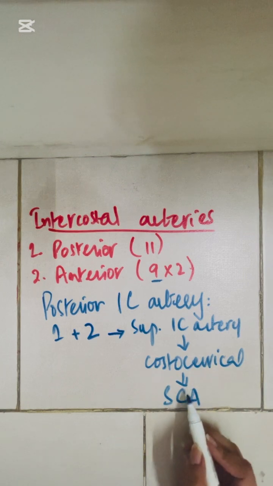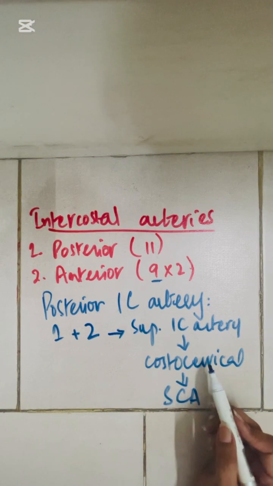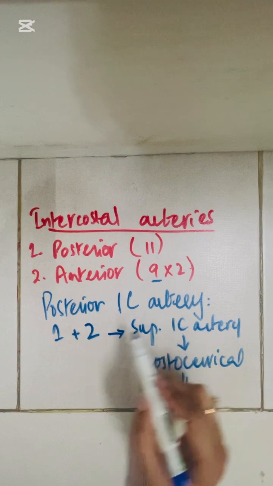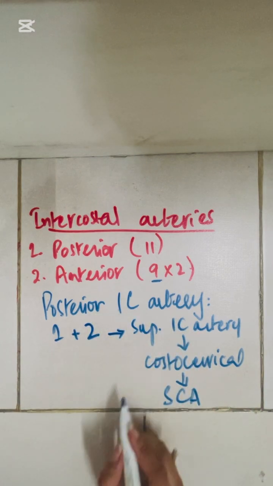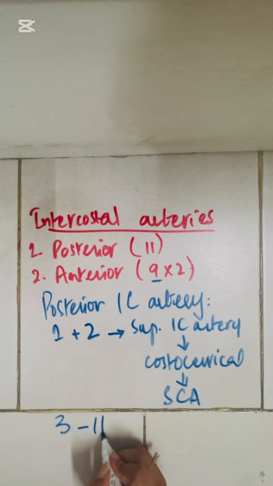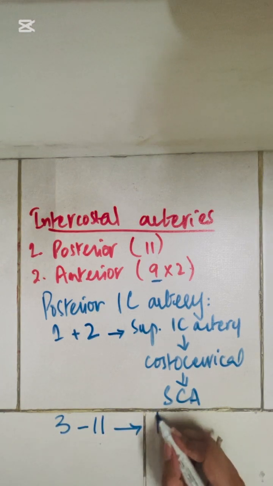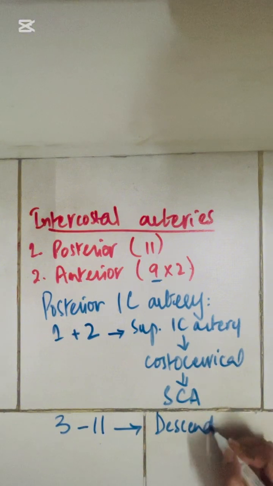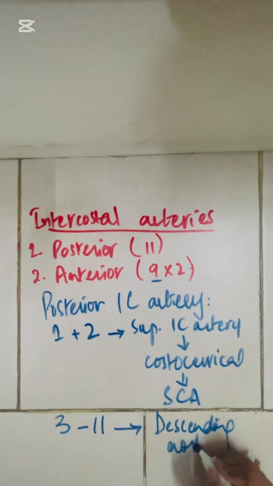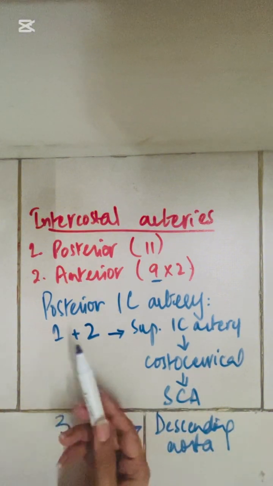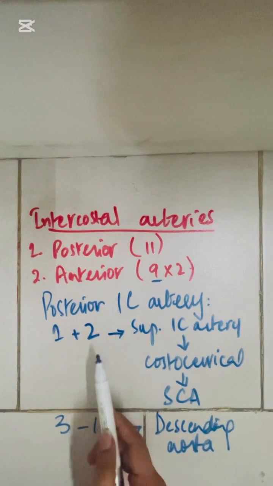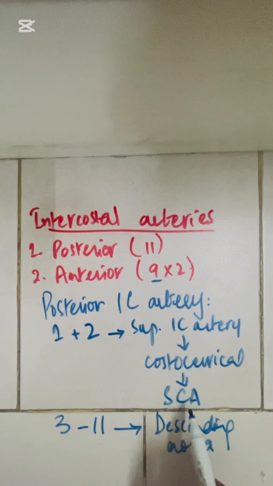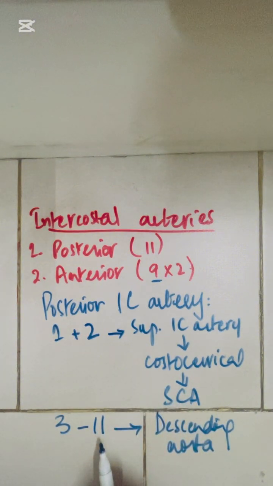So a branch of the subclavian, which is the costo-cervical trunk, gives off the superior intercostal artery, from which arises the first and second posterior intercostal artery. And the third to 11th intercostal arteries are coming directly from the descending aorta. So the first and second posterior intercostal arteries are coming from the subclavian artery, and the third to 11th posterior intercostal arteries are coming from the descending aorta.